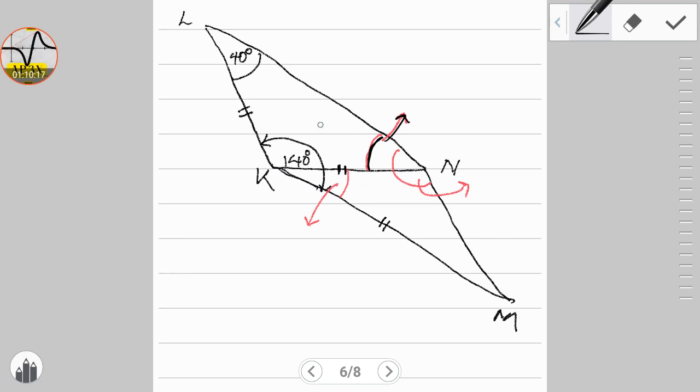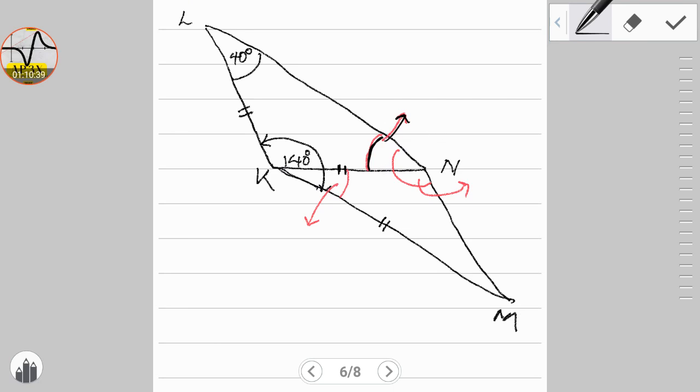They also mentioned that the two triangles adjoined together form this type of quadrilateral. It kind of feels like a parallelogram, but it's not, because we're not sure if LN is parallel to KM, and it's not drawn to scale. So it's an irregular quadrilateral.